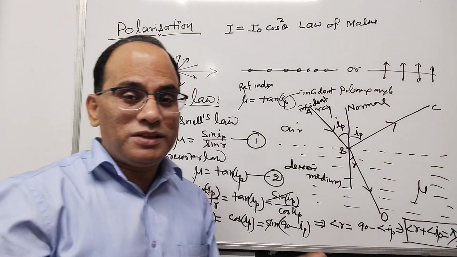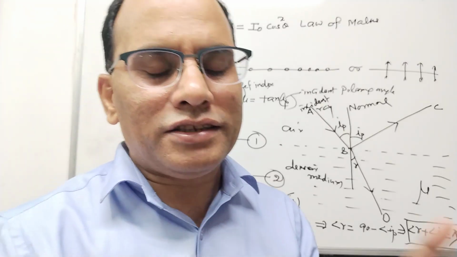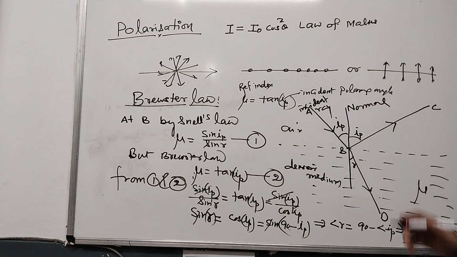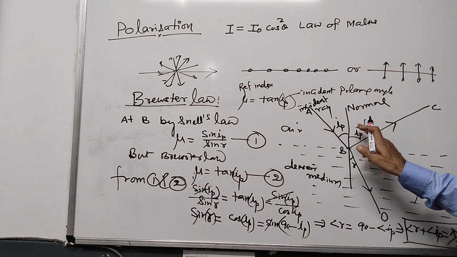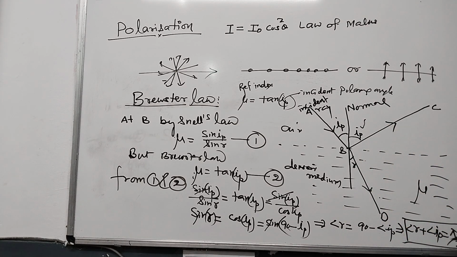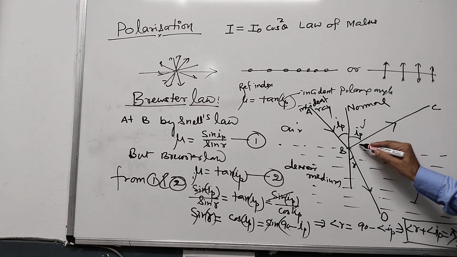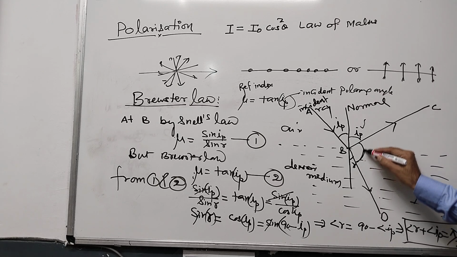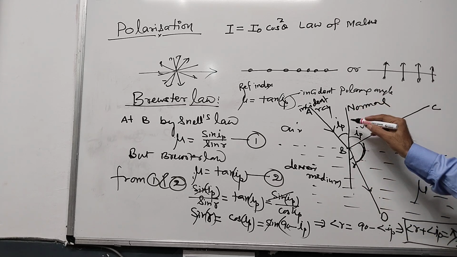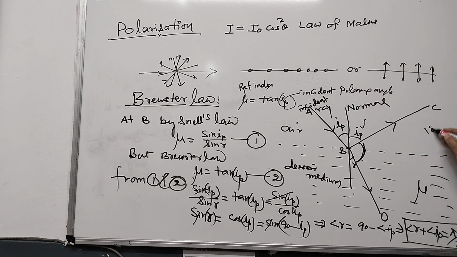Now see the resulting interesting result from the diagram. Here the sum of this angle IP and this angle R is 90 degrees. Because a straight line is 180 degrees, 180 minus 90 becomes 90 degrees.